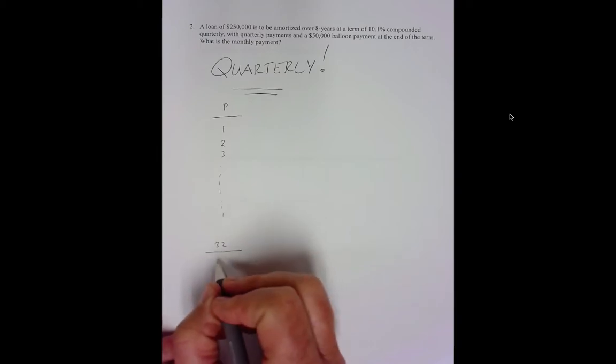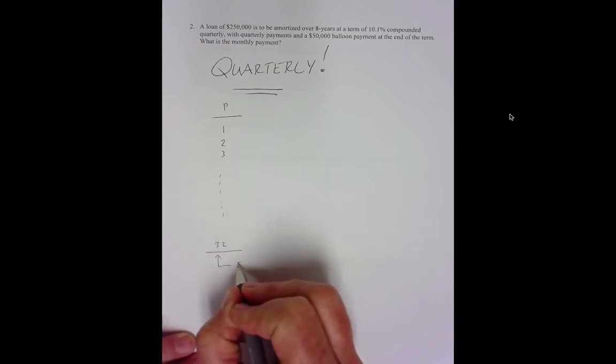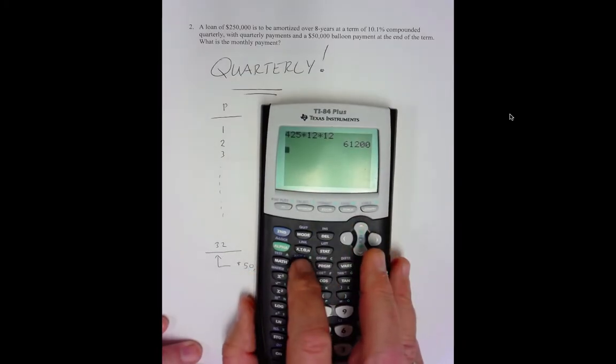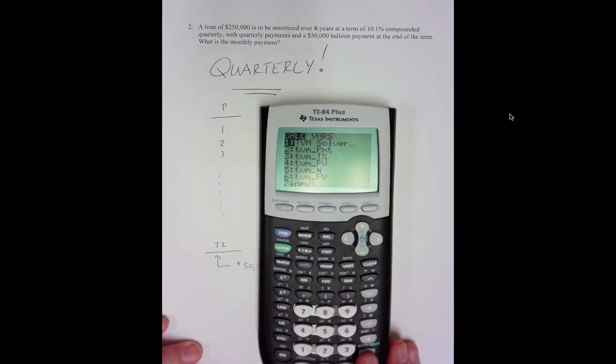At the end of this, we need to have $50,000 as the amount due because we're going to make a balloon payment at the end of the term, so 50,000 left. So calculator works perfectly for this. This will be cool.